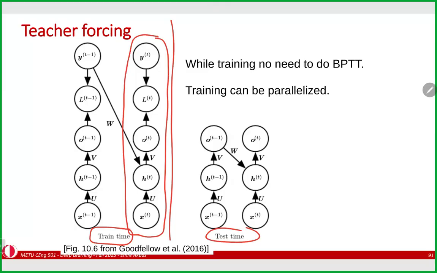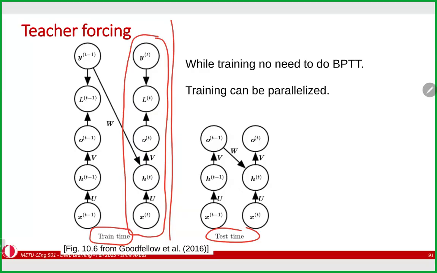And because of that, since the labels are already provided in the data sets that you train on, you can now train each of these time blocks in parallel, because the current label and the previous label, you can assume, are already provided in the data set.